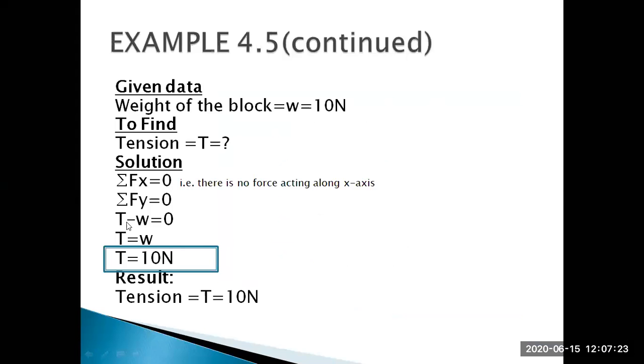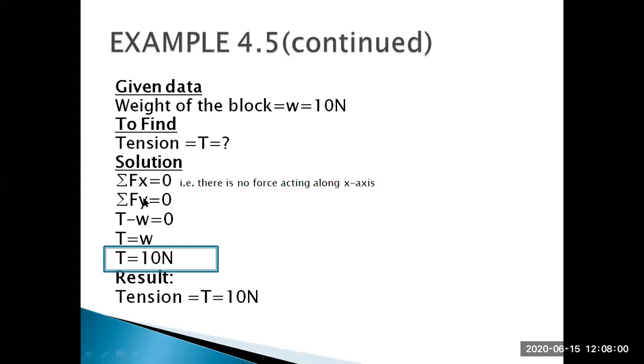This is the convention you can use: all the forces acting in the upward direction, I am considering with a positive sign, but all the forces acting in the downward direction, I am taking with a minus sign. Tension is acting upward, so I am considering the positive sign. But since the weight is acting downward, I will take the negative sign, equals to zero.